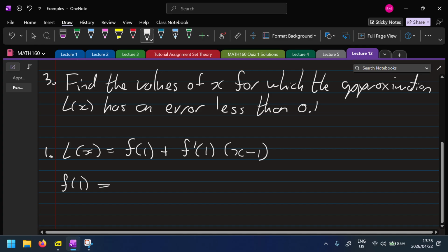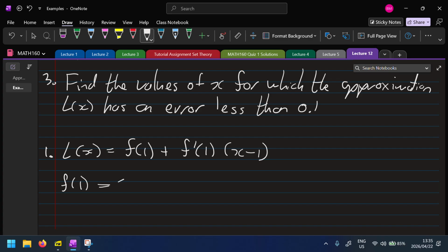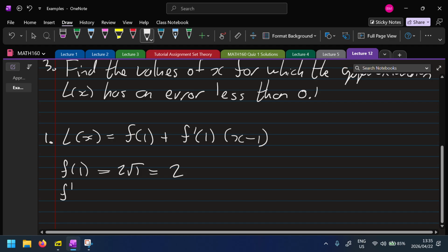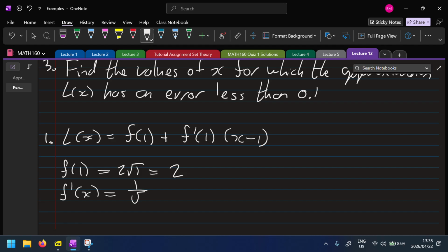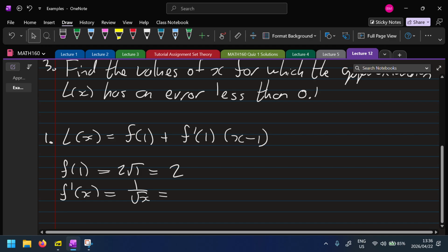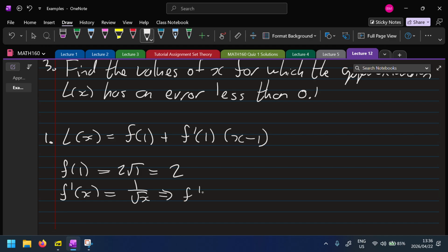So f at 1, f is 2 root x, so we get 2 root 1, that will just be 2. What about the derivative? f prime of x will be 1 over root x. You just take the half down, minus 1 from the exponent, so f prime at 1 is 1.